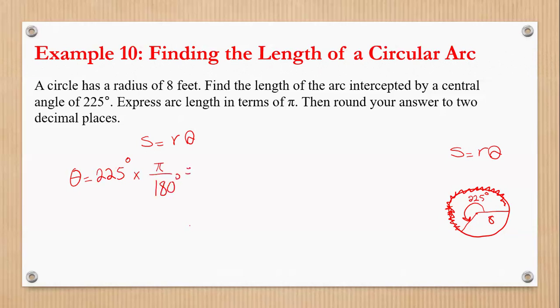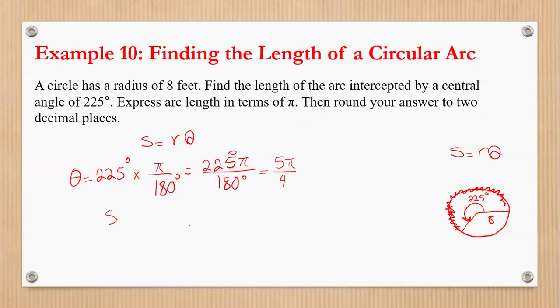And if I multiply that by pi over 180 and simplify 225 by 180, which means dividing by 5 and then dividing by 9, we get 5 pi over 4.